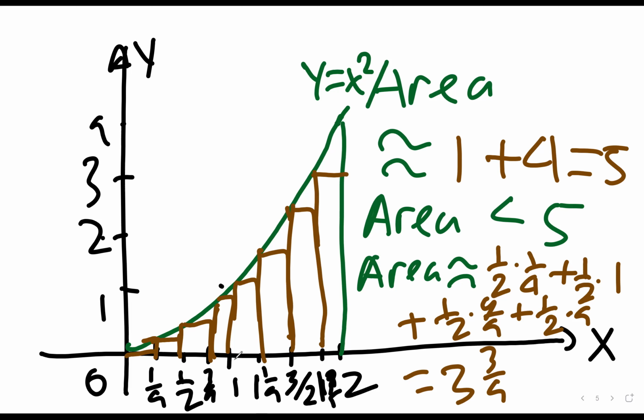If you refine this, in the sense of dividing the interval 0, 2 into smaller and smaller intervals, then the sum of the rectangles, when the intervals are infinitely many, approaches the actual area. So that's the definition of the integral.